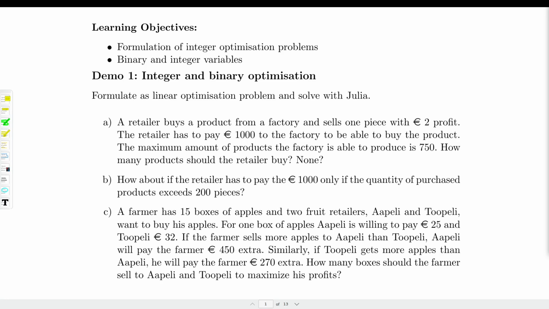If the farmer sells more apples to Apeli than Topeli, Apeli will pay the farmer 450 extra. Similarly, if Topeli gets more apples than Apeli, he will pay the farmer €270 extra. And the question is, how many boxes should the farmer sell to Apeli and Topeli to maximize his profits?